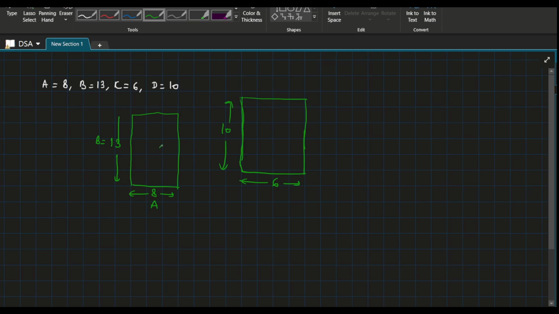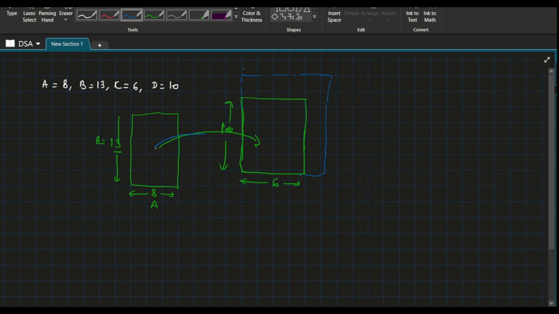Either we can simply place it here, but when we place the carpet, this length is 10 and our carpet length is 13, so it will look something like this if we place the carpet as it is given.